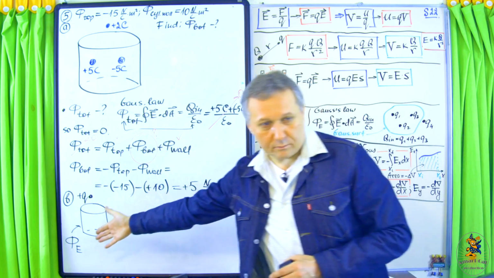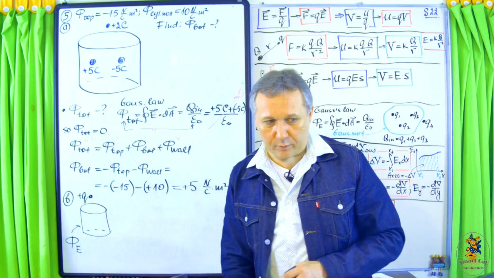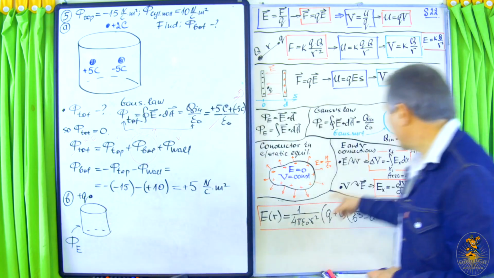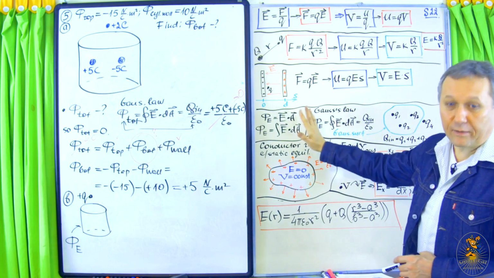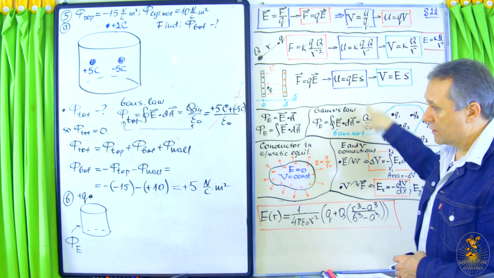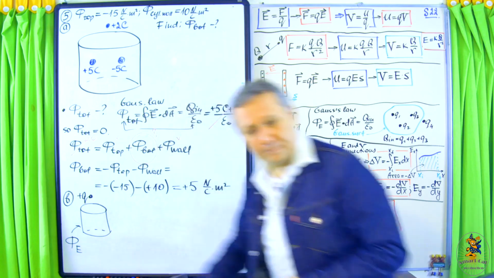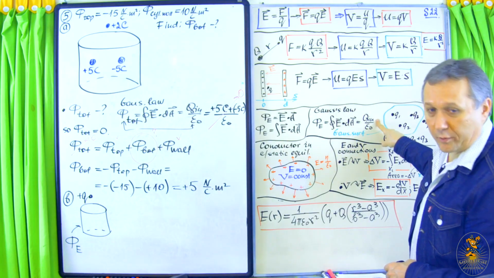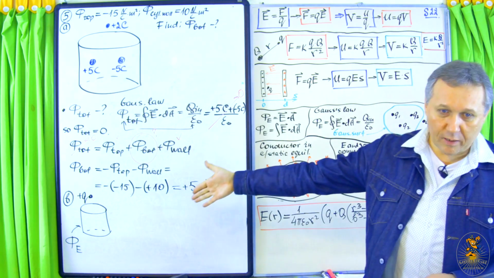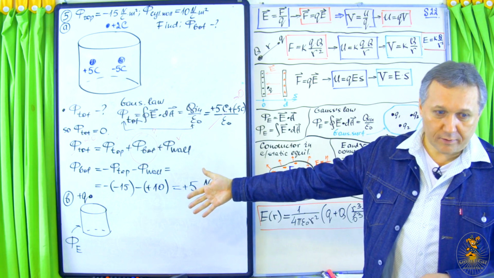Again, it's a closed surface, so we can legitimately apply Gauss's law. According to Gauss's law, the left-hand side is the flux, which is pretty much the question, and it is equal to Q enclosed. Look inside the Gaussian surface which we pick: there are no charges.